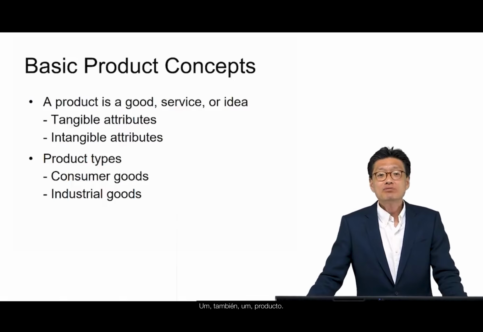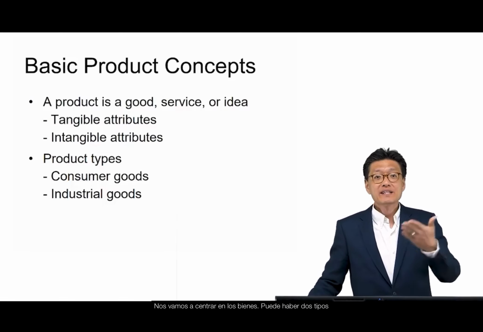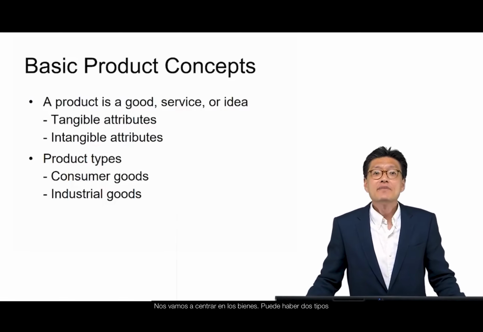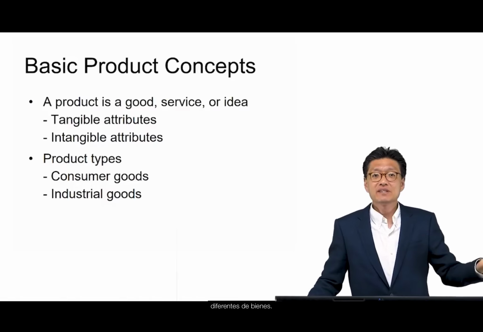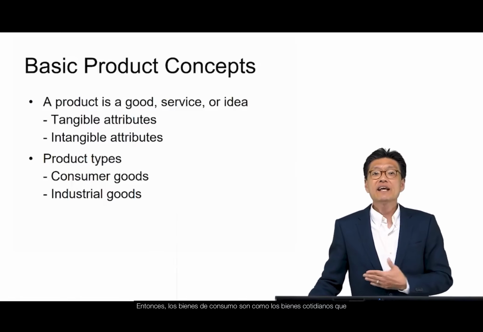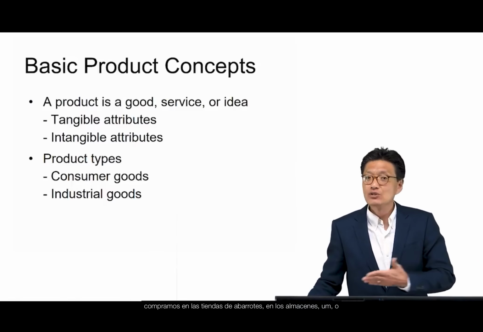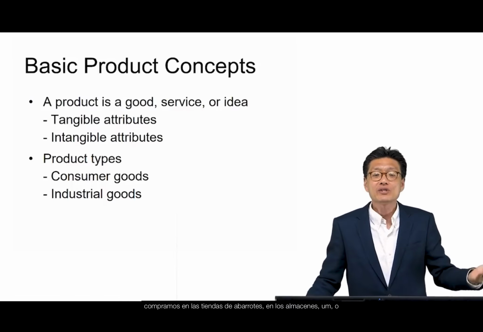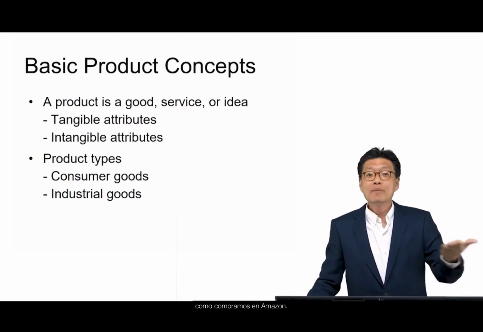Also, product. So if we're going to focus on goods for that matter, there can be two different types of goods: consumer goods and industrial goods. So consumer goods are like the everyday goods that we shop at grocery stores, at department stores, or like we shop at Amazon.